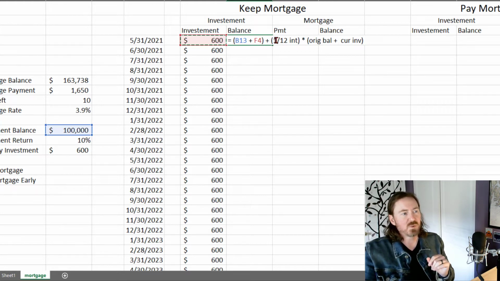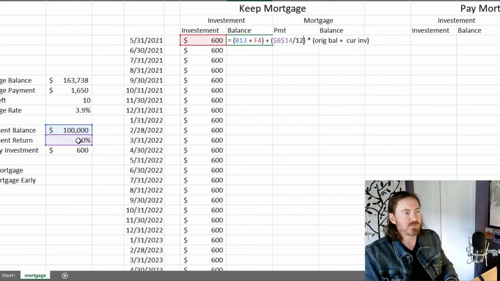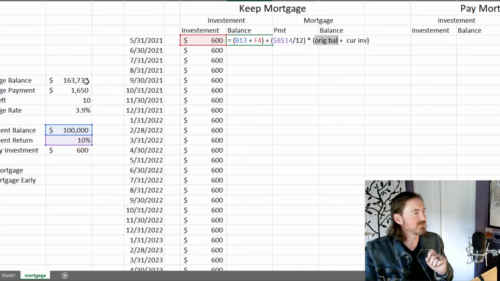Plus 1/12 of my interest. I'm going to select that, and I'm going to write it this way. I'm going to click on the cell that contains my interest rate, make that absolute, and divide it by 12. 1/12 of the interest times, again, the original balance, and there it is, plus the current investment.